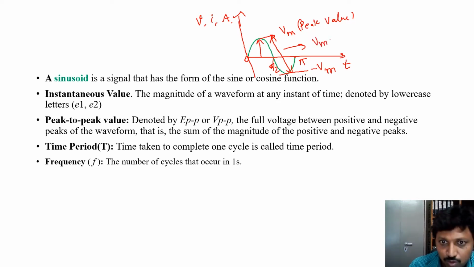So peak to peak is equal to Vm minus minus Vm, which is 2Vm.